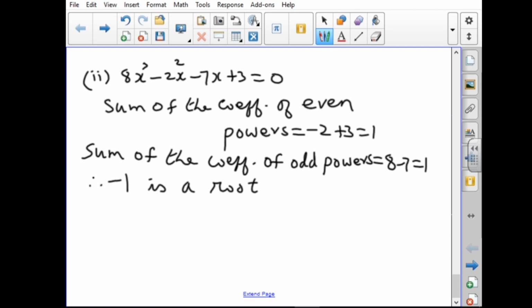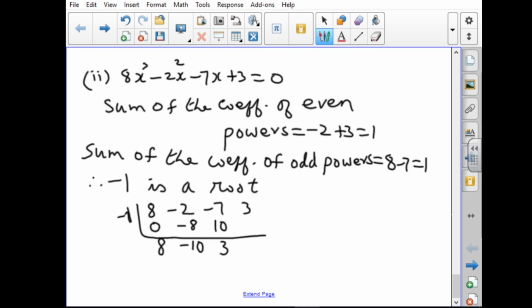So by synthetic division, we write only the coefficients. We get 8, minus 2, minus 7, 3, and minus 1 is the root. So here we always write 0, so 8, 8 into minus 1 is minus 8, so it gives you minus 10, minus 10 into minus 1 is plus 10, add this we get 3, 3 into minus 1 is minus 3, so 0.